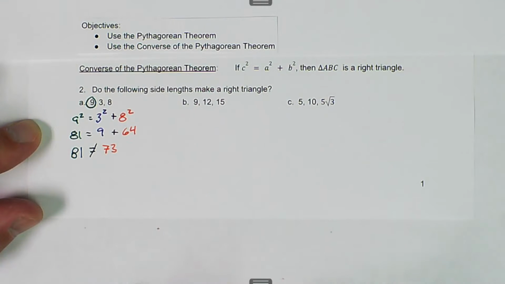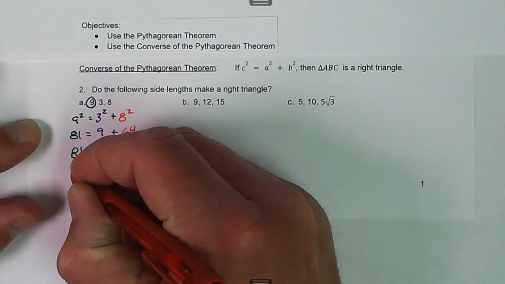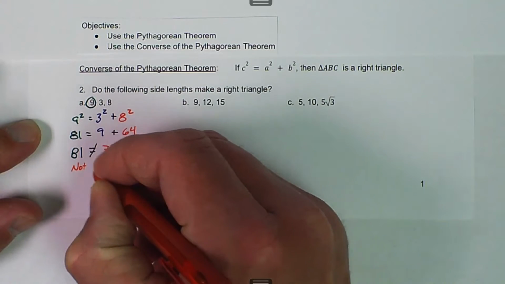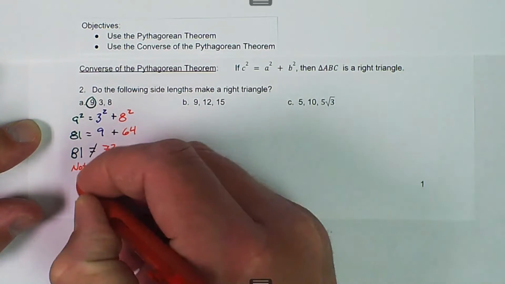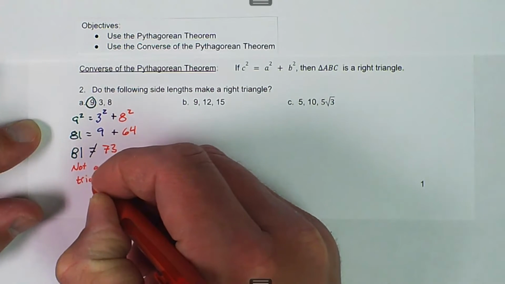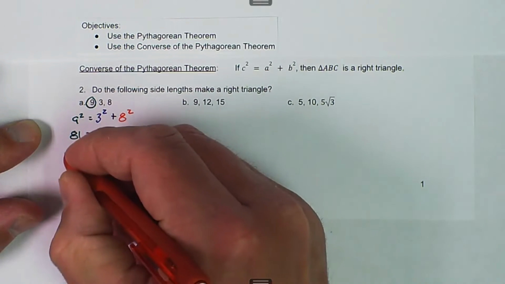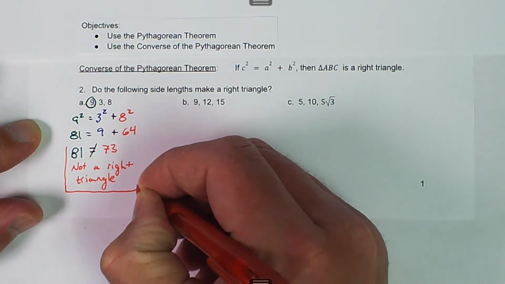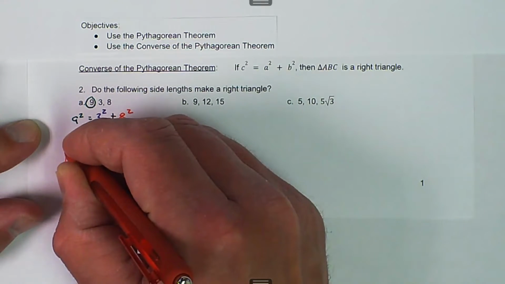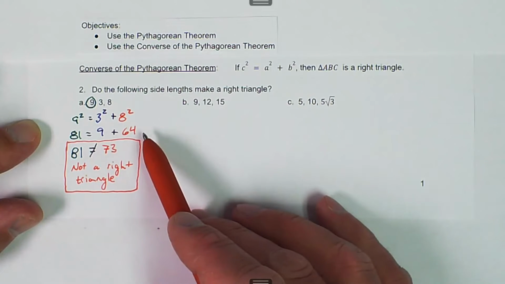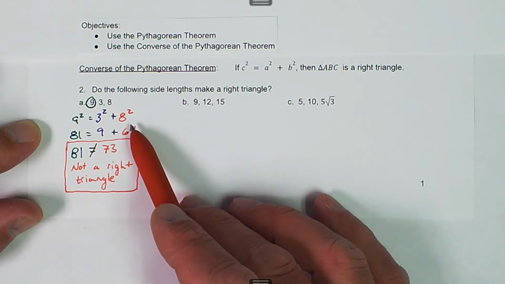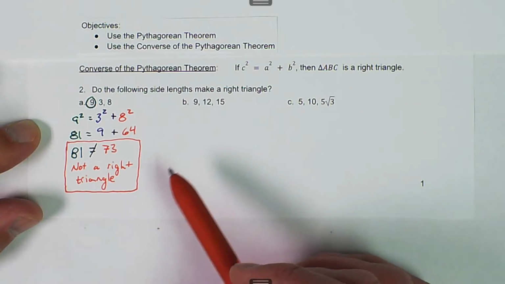So this is not a right triangle. So all we have to do to decide if it's a right triangle or not is check if that is a true relationship. If not, it's not a right triangle.